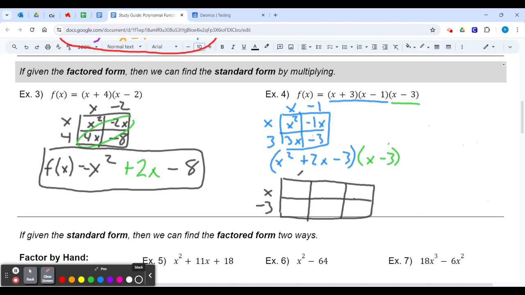And up top, I have x squared, 2x, and minus 3. So I'm going to multiply x squared times x is x to the third. And I get minus 3x squared. Then I get 2x squared, minus 6x, minus 3x and positive 9.